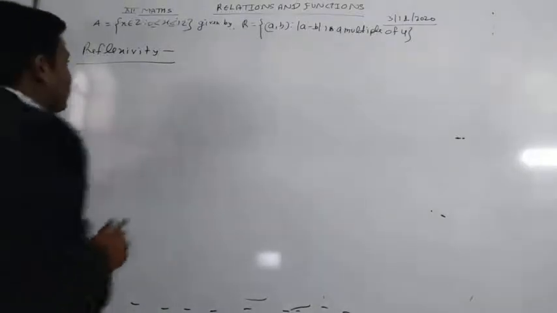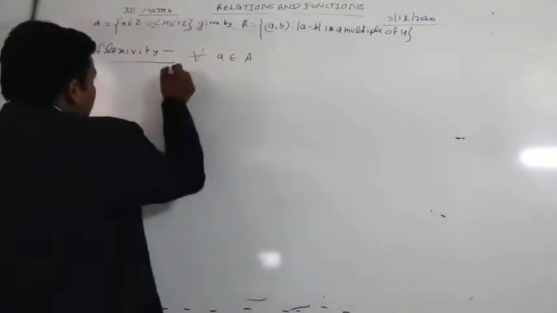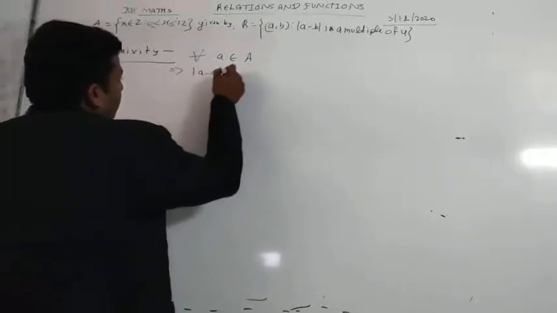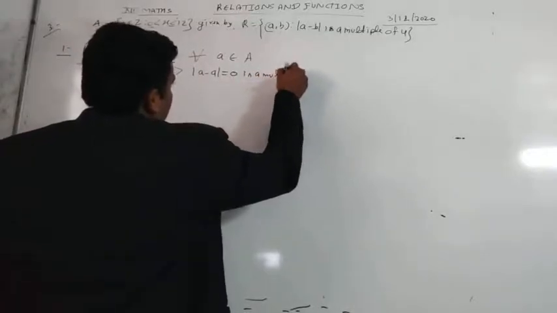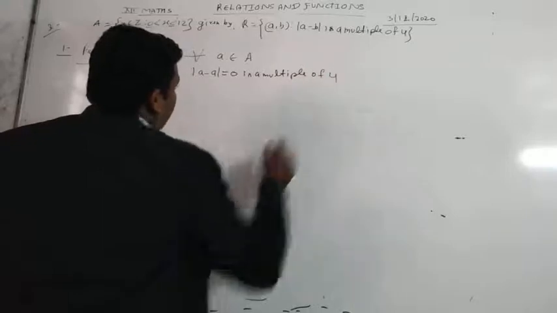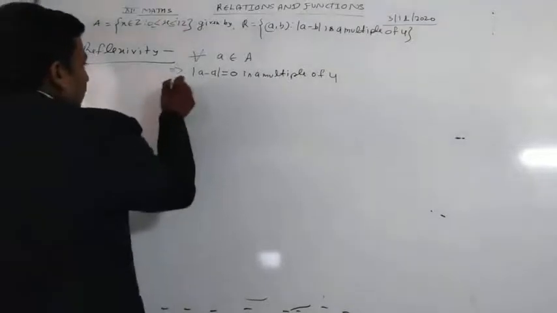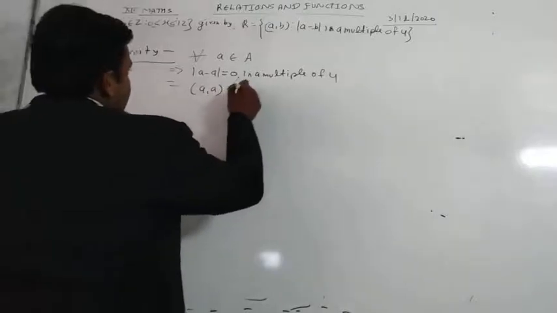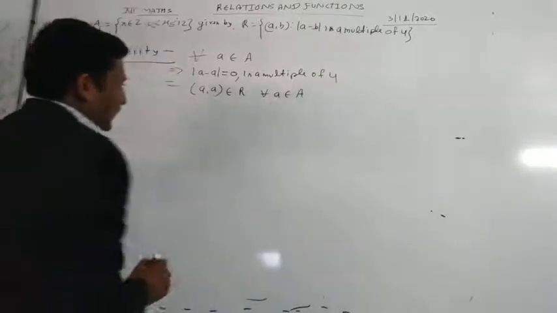So for reflexive, we will take any element a belonging to A. So we can say that a minus a, which will be equal to 0, is a multiple of 4, because 0 is a multiple of 4. So we can say that (a, a) belongs to R, for all a belonging to A.